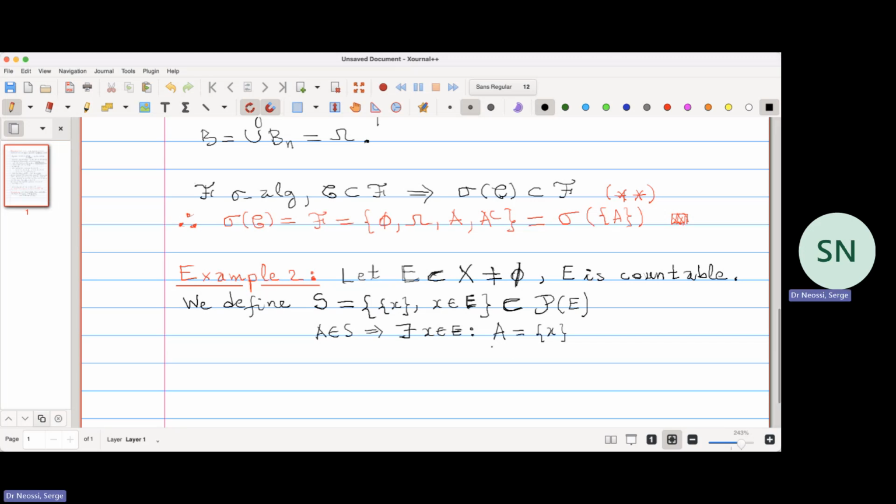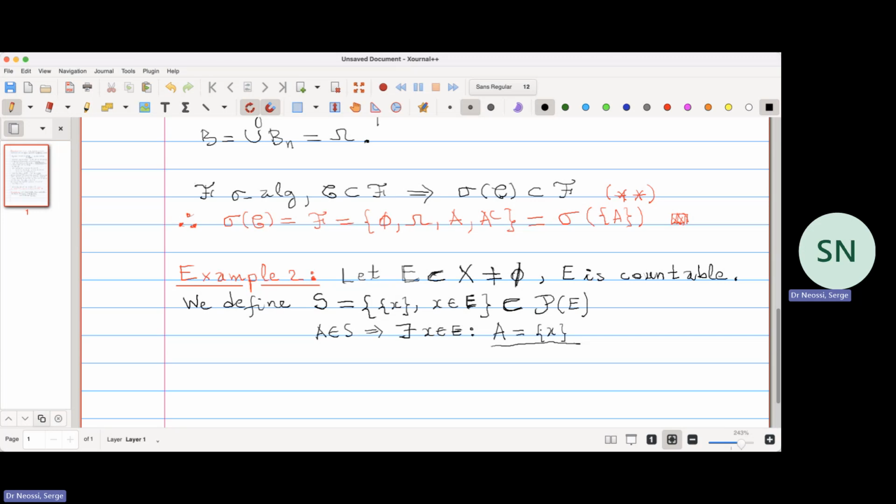This is just a particular case. Actually, what we can write is that S is the union of such sets.